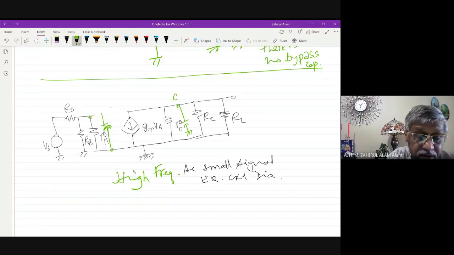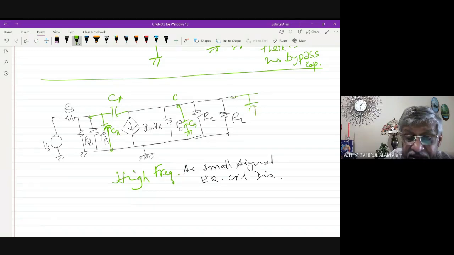For the transistor, we named them C mu, C pi, and CS. Also, because last time in the initial circuit, we have CL.